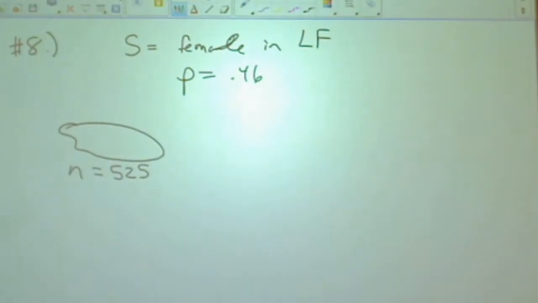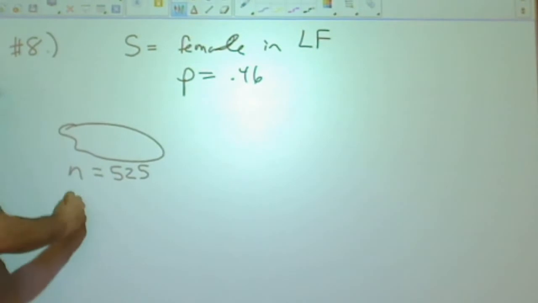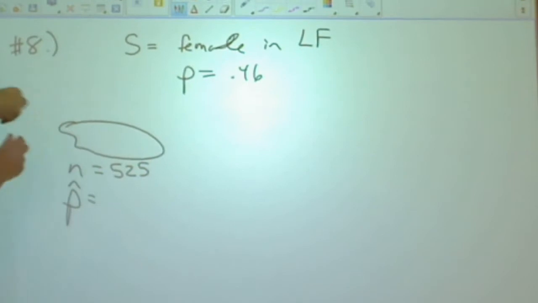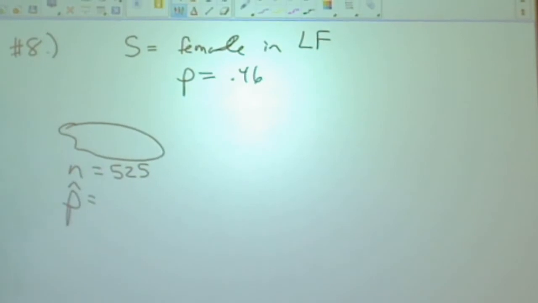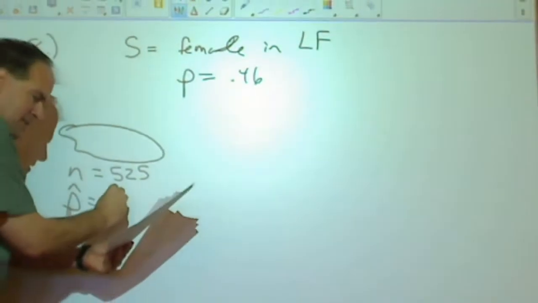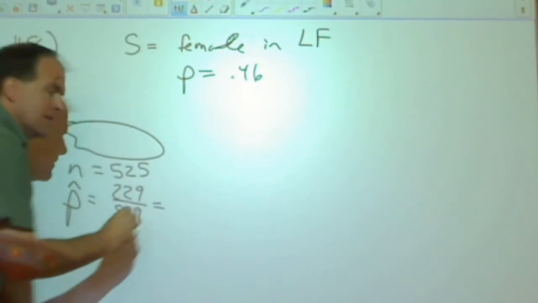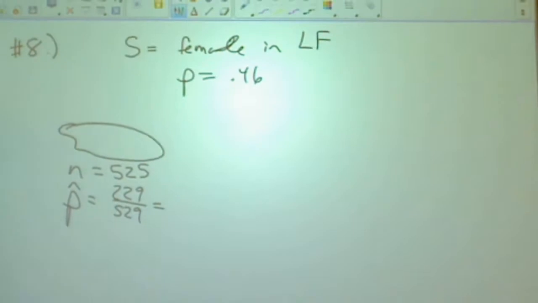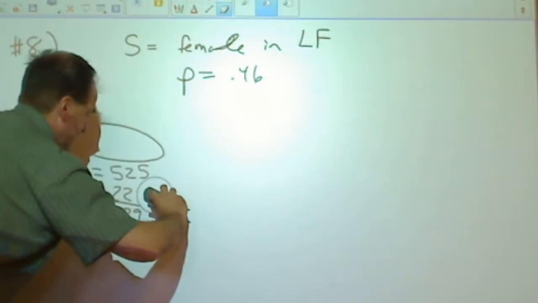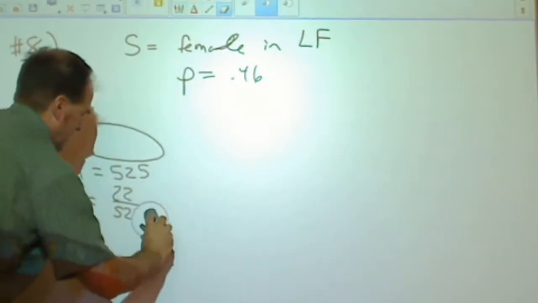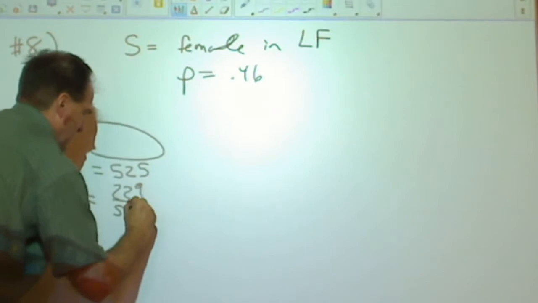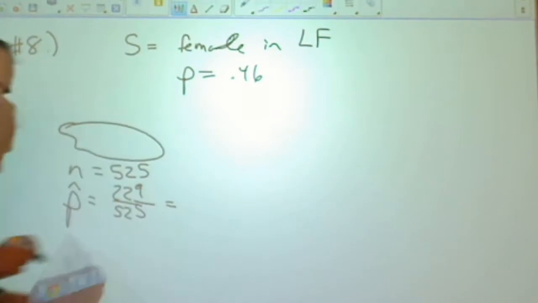So what am I going to do with that 229? Yeah, this is my sample success. They told me the number of successes, so 229 over 525.